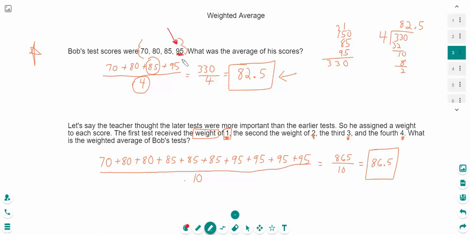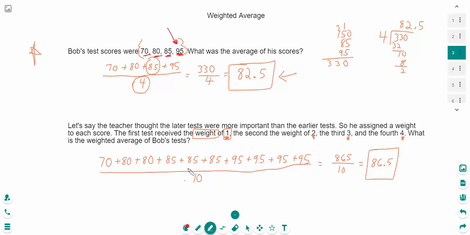If he would have done worse on this test, it would have made his score worse. However, that's not the case here. Because he did so well on the fourth test, and really because he did better on the third test and the second test, both of which were more important than the first test, all of that made this grade better than what it was with just the raw average. So Bob should be very happy that his teacher is using a weighted averaging system for his grade.